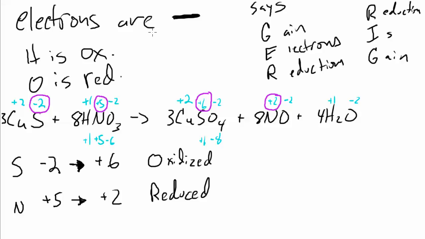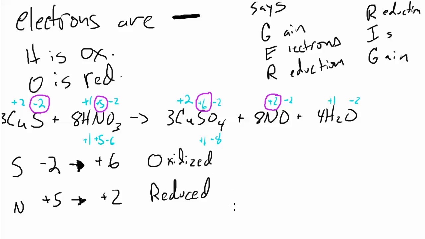So here's the deal. The reason why oxidation and reduction can never happen without each other is because they cause, like, the element being oxidized causes the other element to be reduced, and an element being reduced causes the other element to be oxidized.